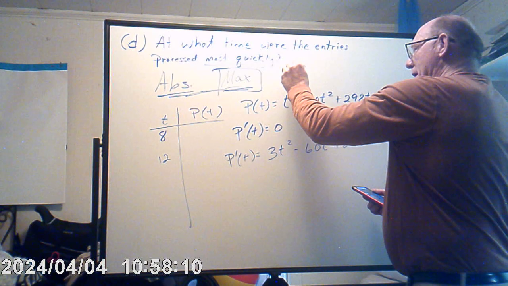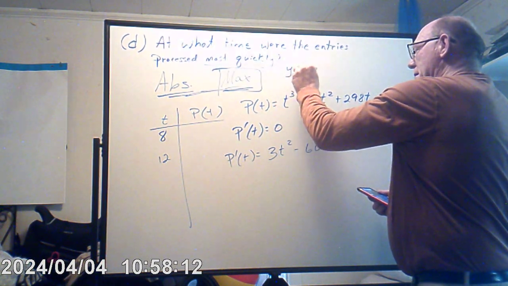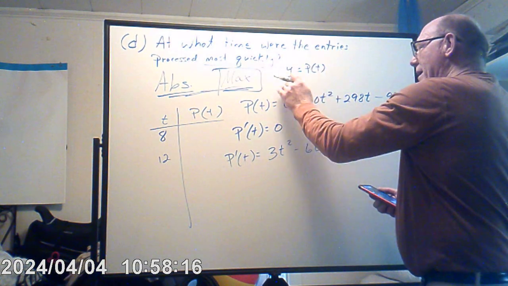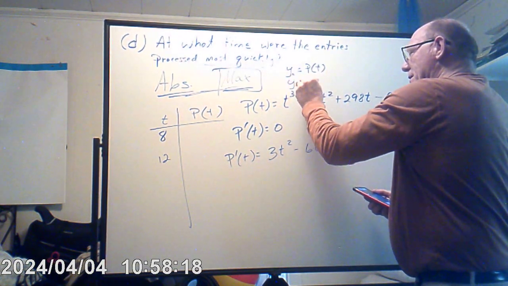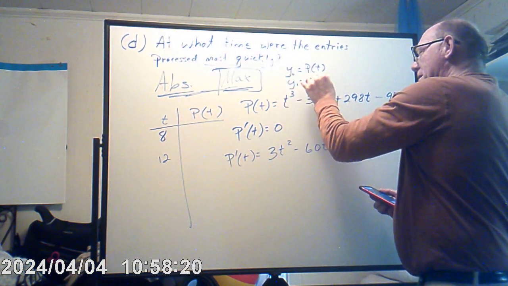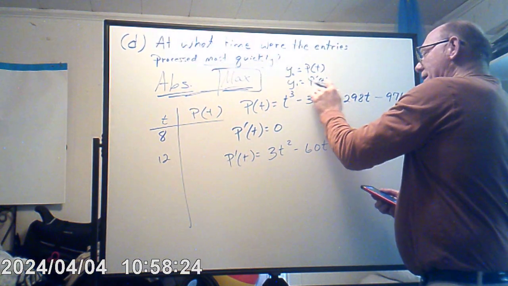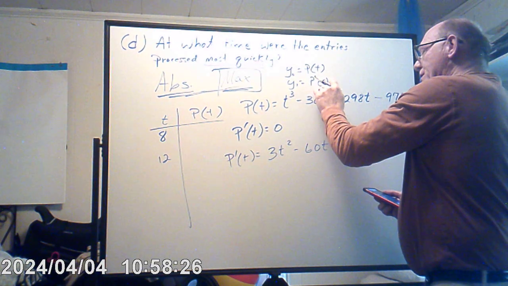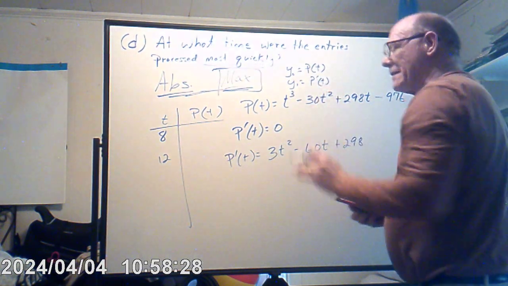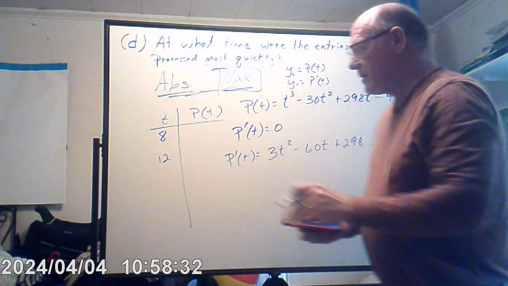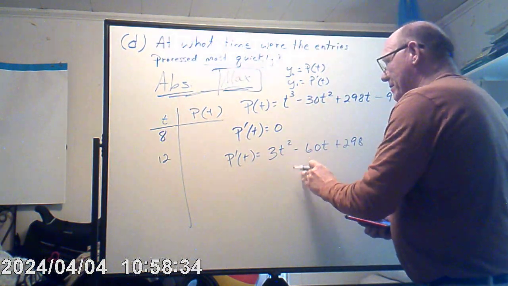So I made y sub 0 P at T, which I'm not going to write all that out, and y sub 1 I made P prime at T. And I do know that if I can figure out where this crosses the x-axis, and it crosses at 2 places, by the way, that is where my critical numbers are.